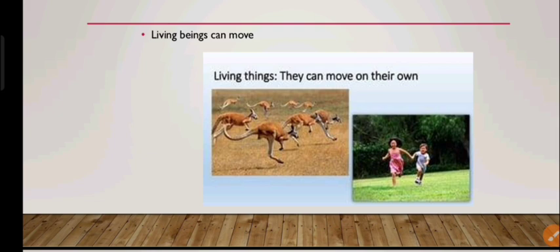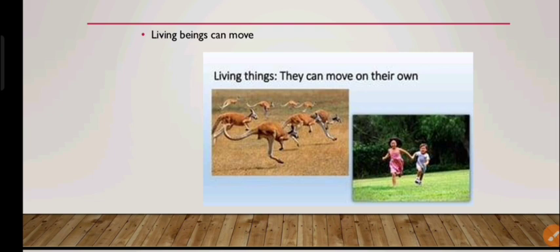Okay, coming to the plant, see, some floating plants are not fixed to the soil, right? That's why they will move from one place to another with water.